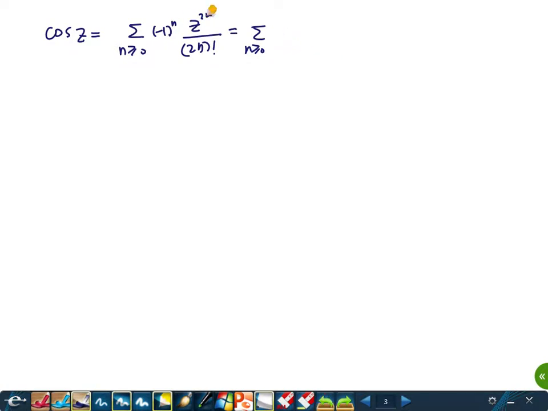Let's combine these two together. Then minus z squared raised to n, right? And here, I'm going to separate this like this: 1, 3, dot, dot, dot, 2n minus 1 times 2, 4, dot, dot, dot, 2n. Because we want n things multiplied instead of 2n things. So I just separate that like that.